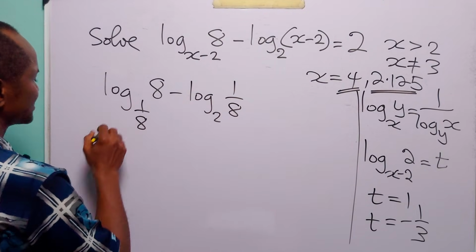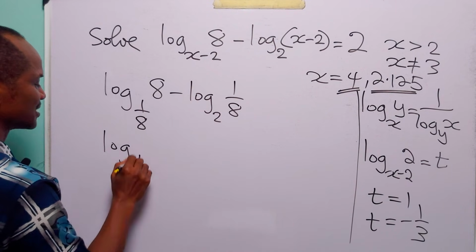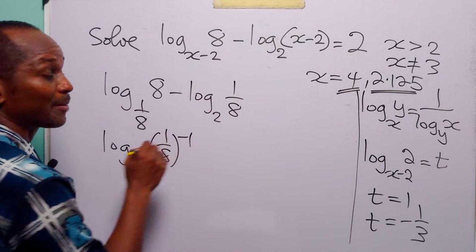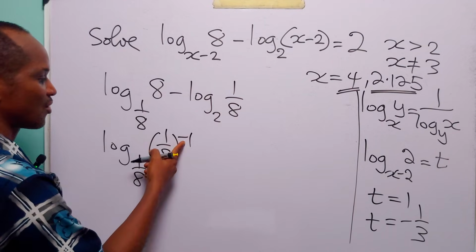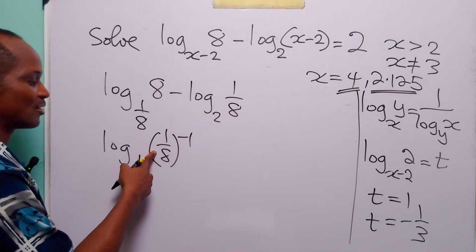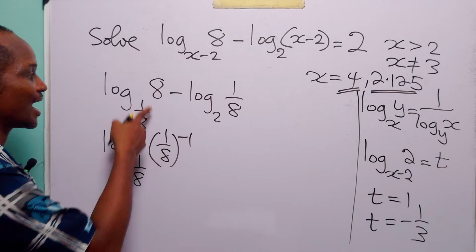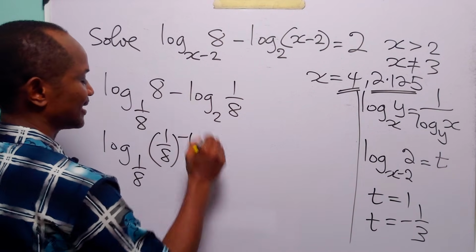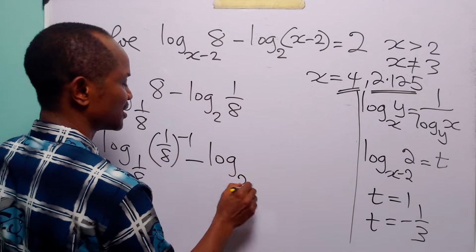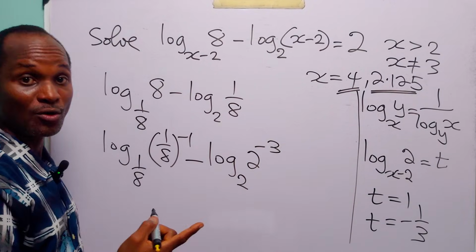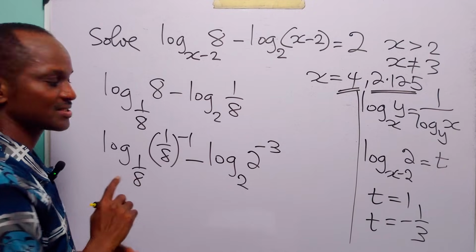Now, of course, you know that this can be written as log to base 1 over 8 of 1 over 8 to the power minus 1, because once you apply this power, you have to flip this fraction upside down and it becomes 8 over 1. And then here we have log to base 2 of 2 to the power minus 3. 1 over 8 is 2 to the power minus 3.